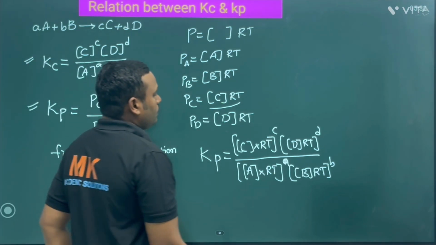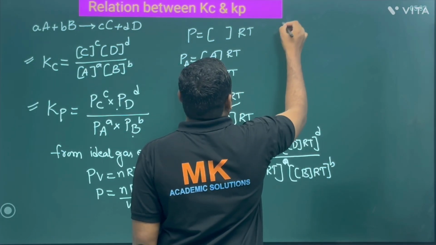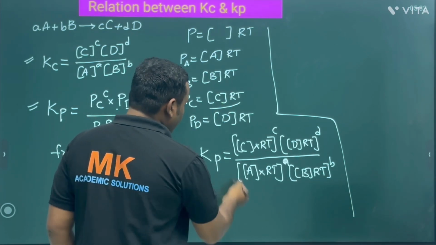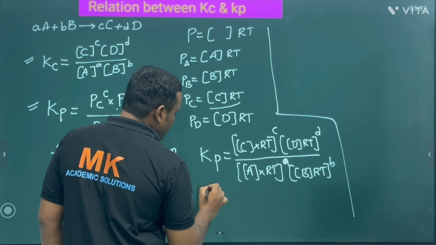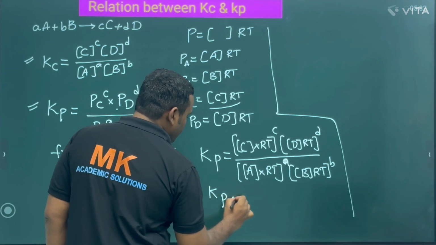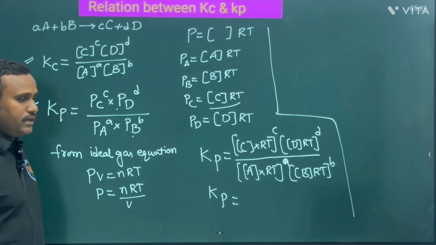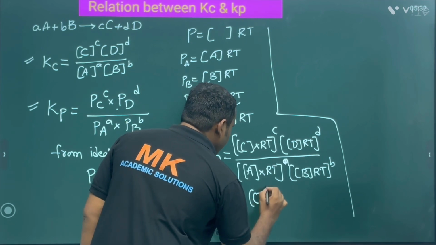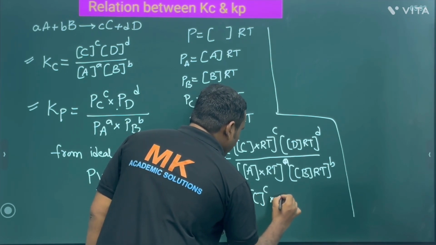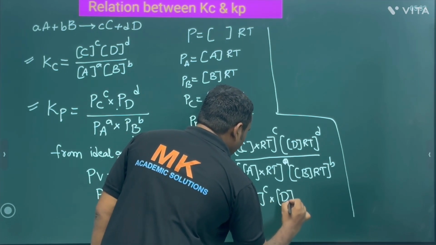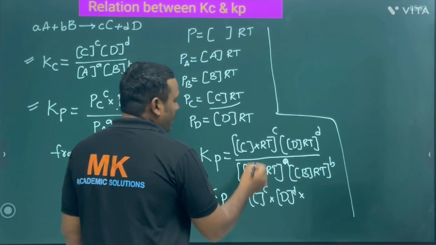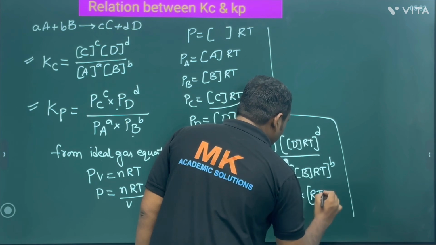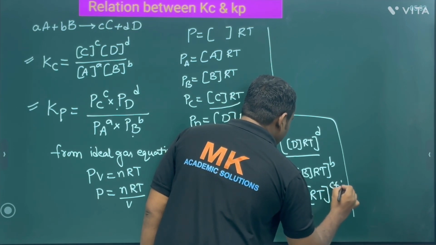Now this equation I can write as Kp equal to concentration of C to the power c into concentration of D to the power d into RT to the power c plus d.